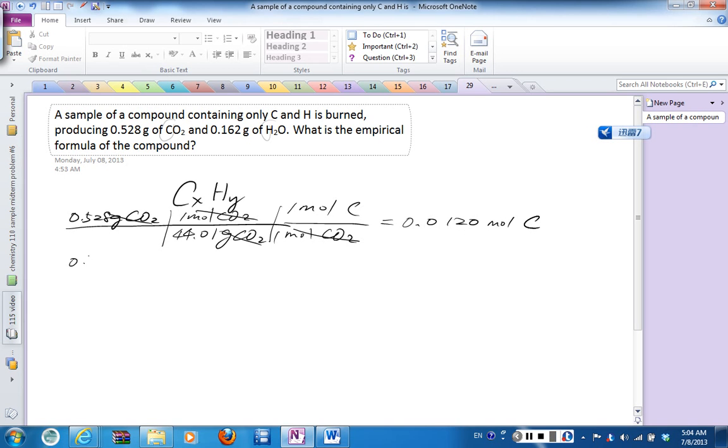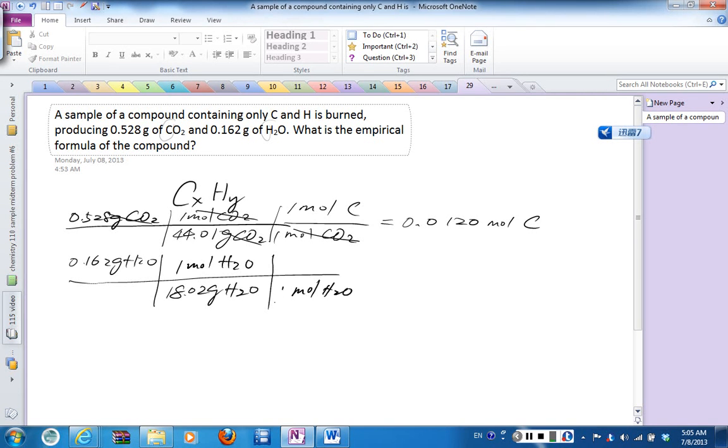Okay, now next, 0.162 grams of water. Same thing, different molecular weight. 18.02 grams of water is 1 mole. But we don't want a mole of water. That doesn't help us.